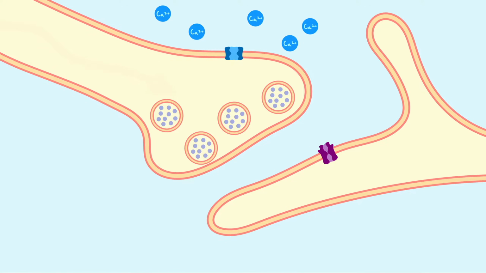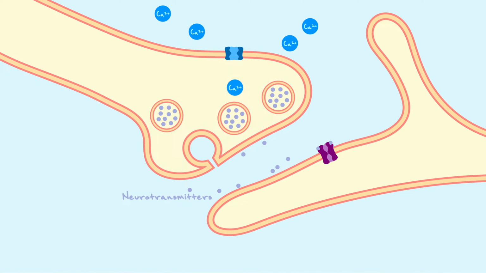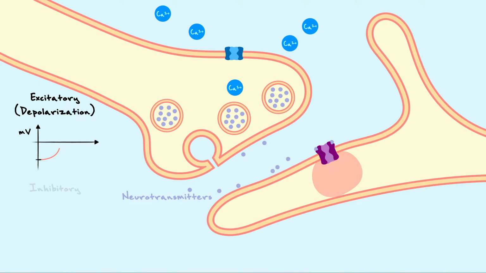These channels at the axon terminal allow the entry of calcium, a special ion that allows the release of neurotransmitters in the synaptic cleft. Neurotransmitters are small molecules released by neurons, which go and bind on the receptors of the postsynaptic cell. Generally speaking, neurotransmitters can have two effects which both impact the resting potential of the postsynaptic cell. They can either be excitatory and depolarize the postsynaptic cell, or be inhibitory and hyperpolarize the postsynaptic cell.